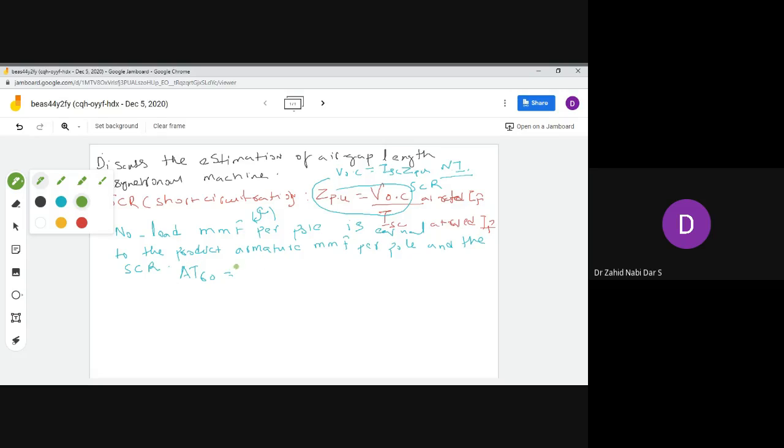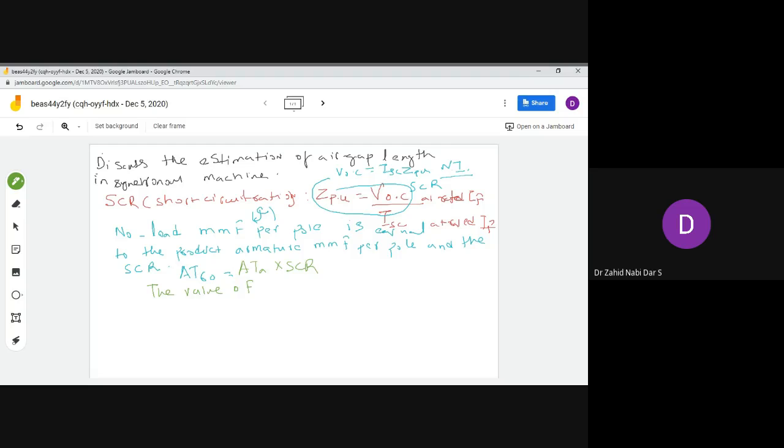So we will write this as MMF at no load, ATA, into my short circuit ratio. This is the effect of the MMF at no load and the short circuit ratio, and the value of armature MMF per pole, which we also derived previously. I showed you the equation. You can go back to the drive and check this equation.